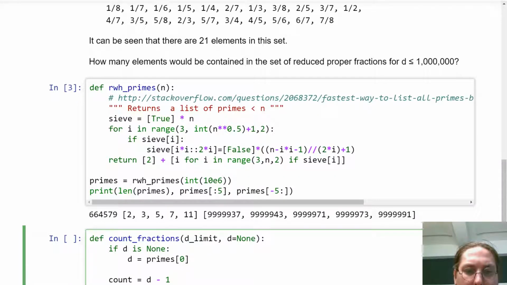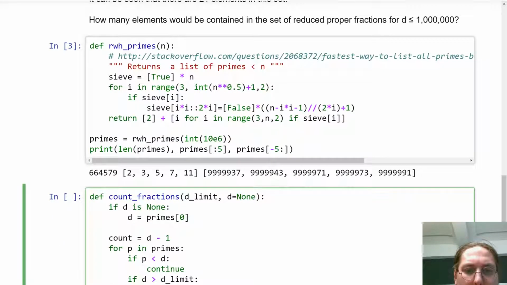Say n consists of, how do you say that? Whatever, p1 through px primes.